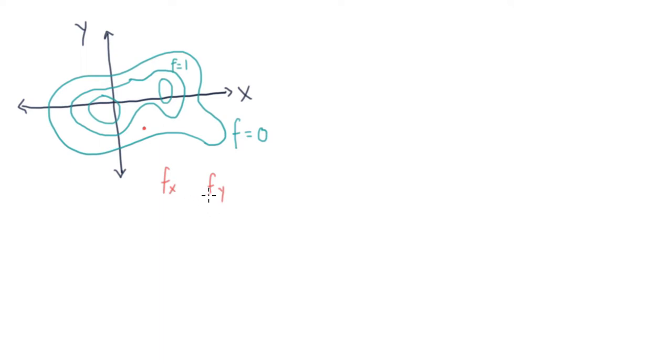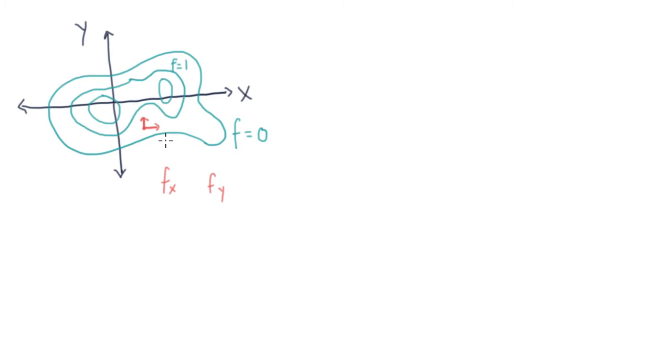Now what f sub x and f sub y actually are telling me geometrically is the rate of change of the function if I cut the function along a plane parallel to the x-axis and a plane parallel to the y-axis, like that. So these are actually giving me the rates of change in these two directions.